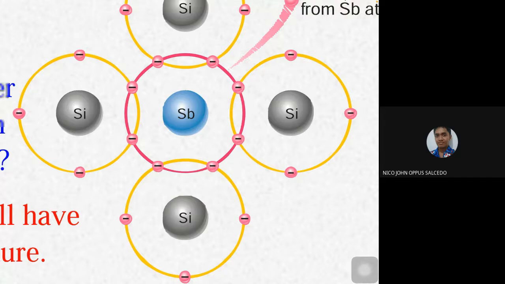So the silicon in the middle now has 8 valence electrons virtually in its outermost shell.